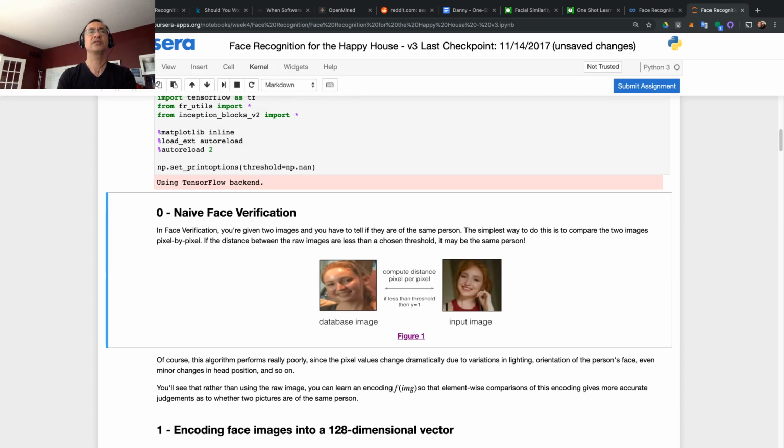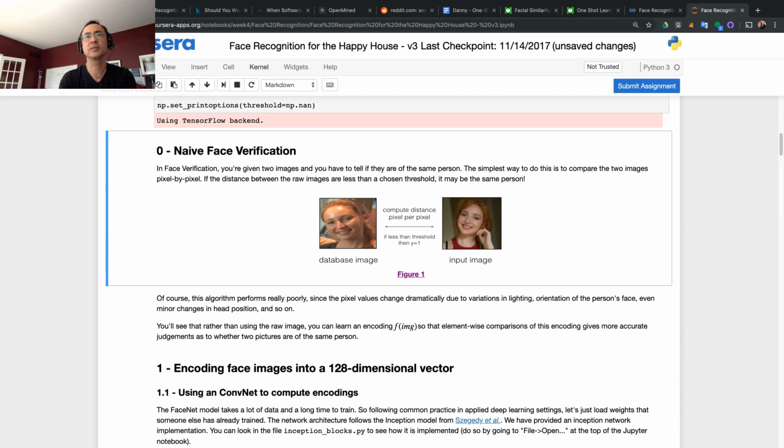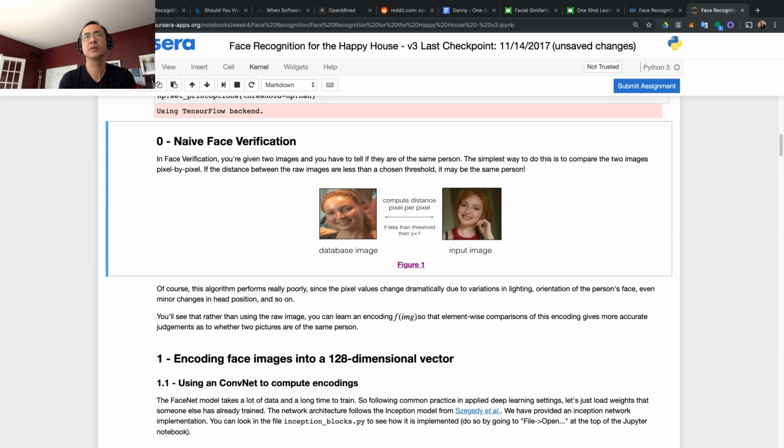So now, naive face verification. This is the database, and this is the input. You want to compare and verify whether the picture is who it claims to be, right? For example, you show your picture at the post office to claim your goods, and if it's the same person, they just give it to you.